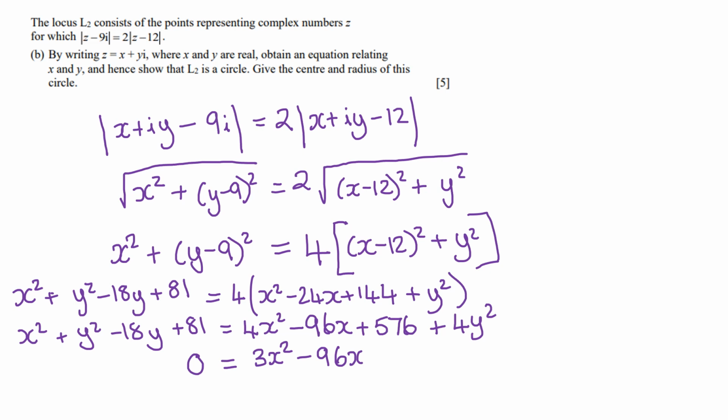And I've got y squared, bring that over. So I'll have 3y squared, and I'll have plus 18y. And the constant, I can group those two together. So 576 minus 81. 576 minus 81 equals 495.